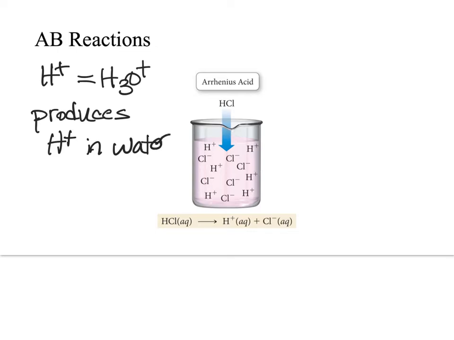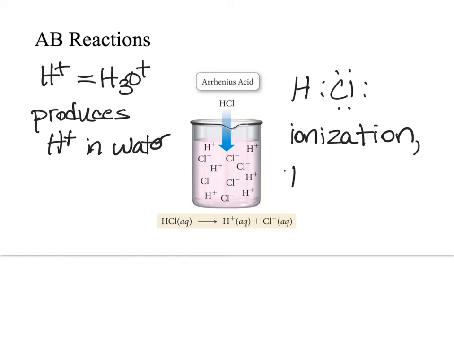So we need to think about what's happening at the molecular level, starting first with the Lewis structure of HCl, shown here. So when we talk about ionization, we're going to produce products that are ions.